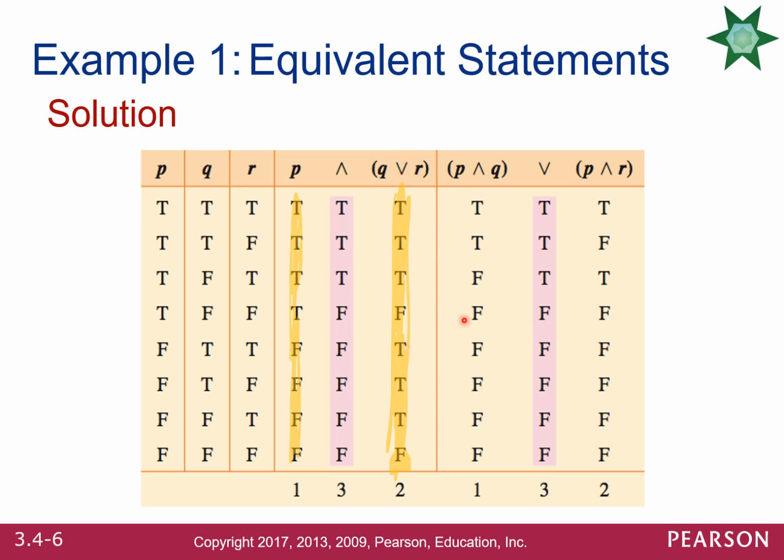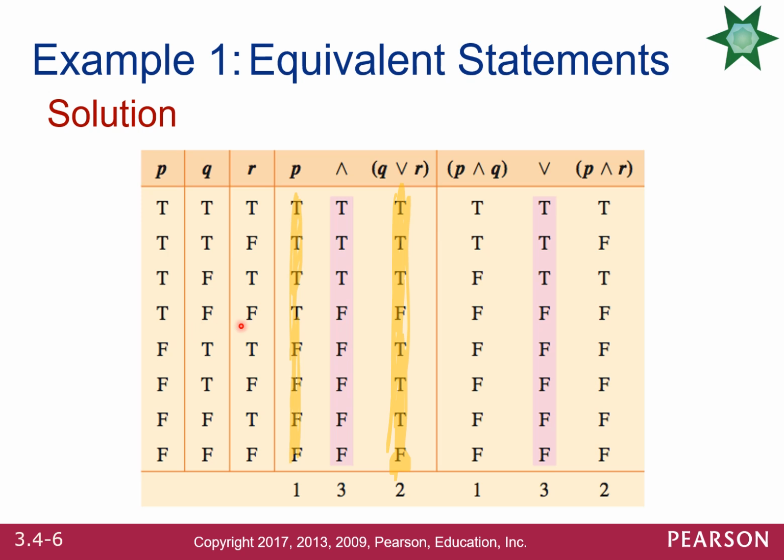All right, so now we go to the next statement that was given to us. It's P and Q or P and R. Again, the same process. We'll start with P and Q. So let's look at the values over here. True and true should give us a true. True, false gives us a false. This is an AND operation.